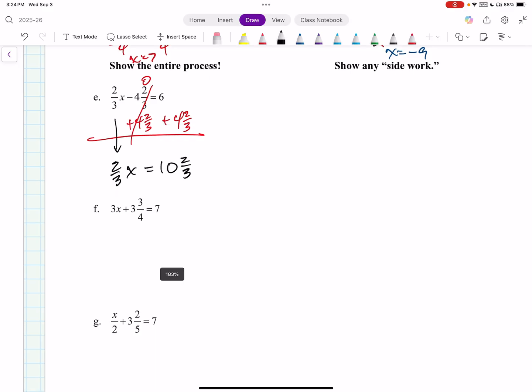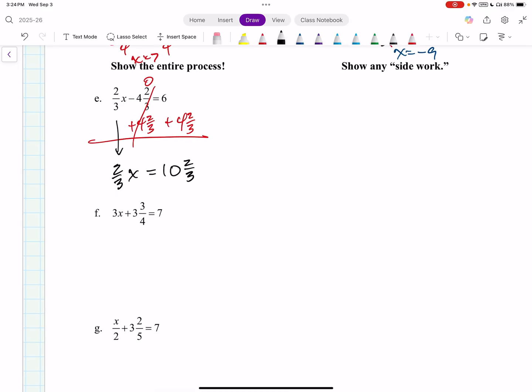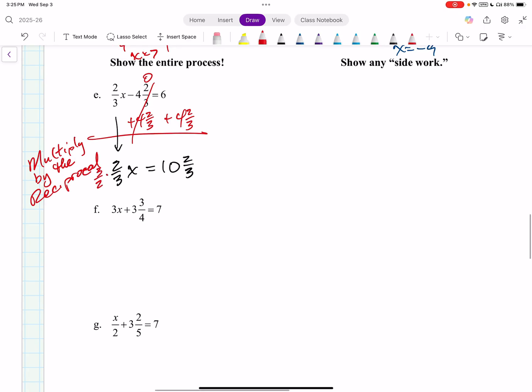And now at this point, since we're dealing with fractions here, you want to multiply by the reciprocal. So let's write that down in the margin. Multiply by the reciprocal. So that is 3/2. So multiply both sides by 3/2.